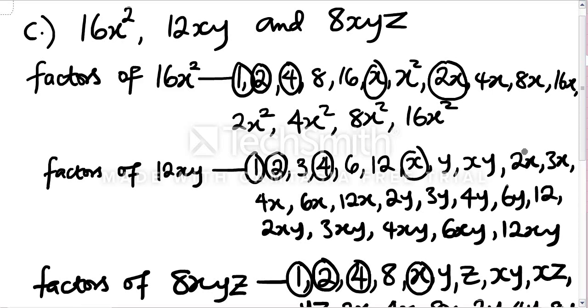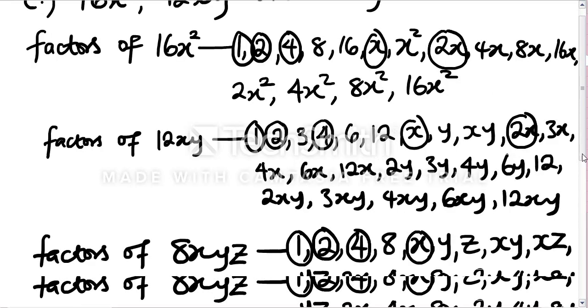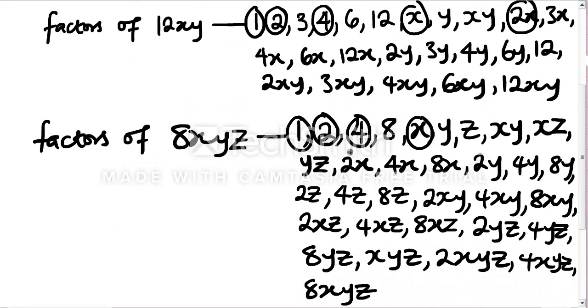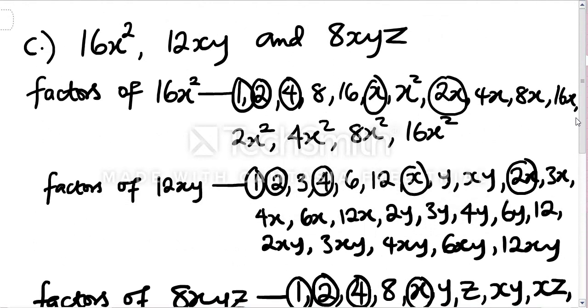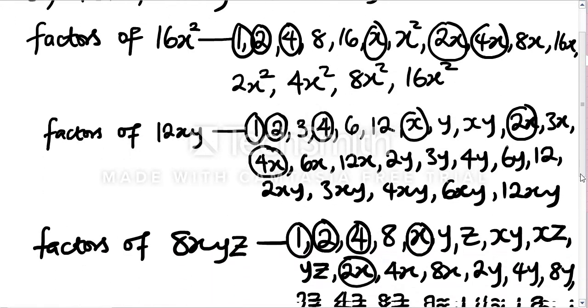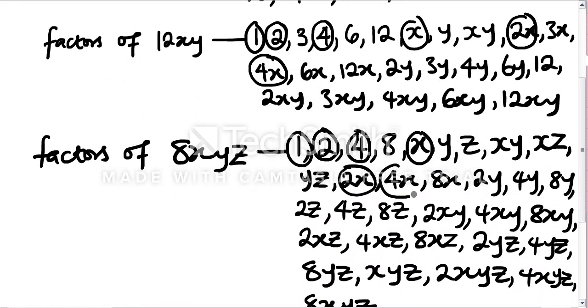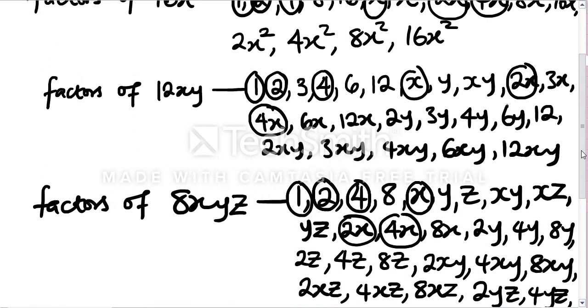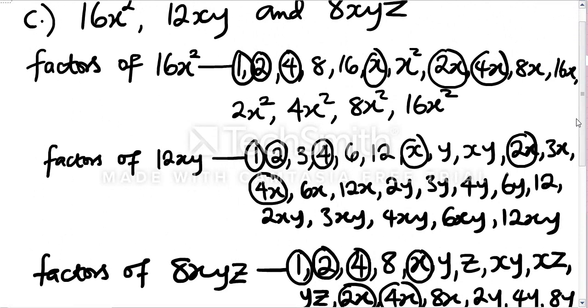So we have 2x to be common. Is 4x common? Yes, 4x is also common. What else? 8x is not common.